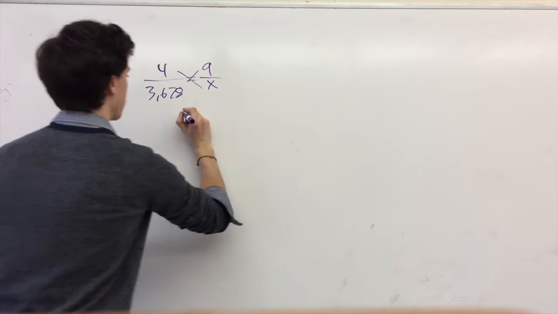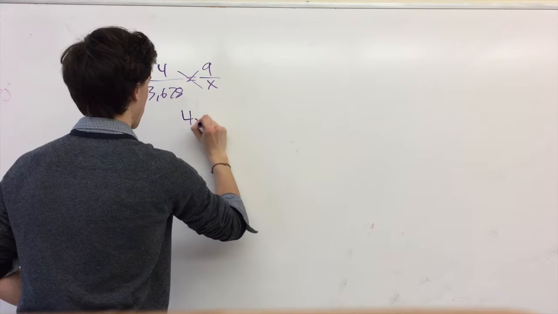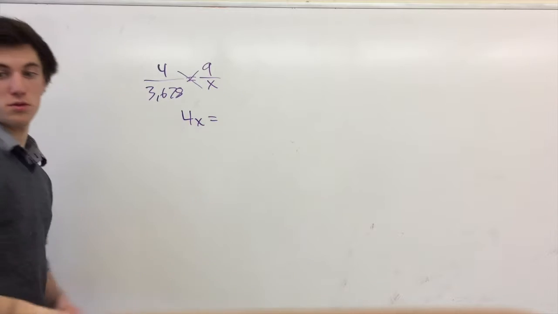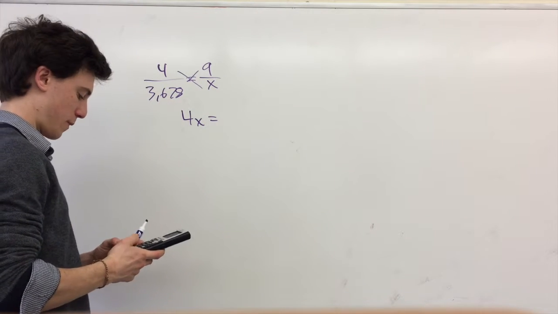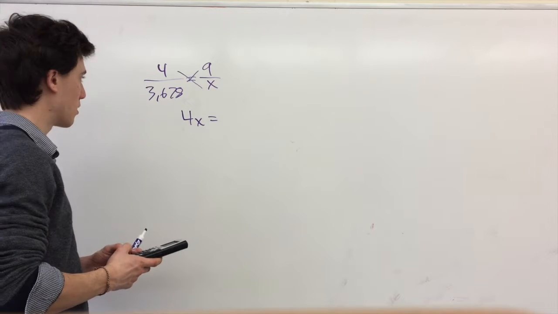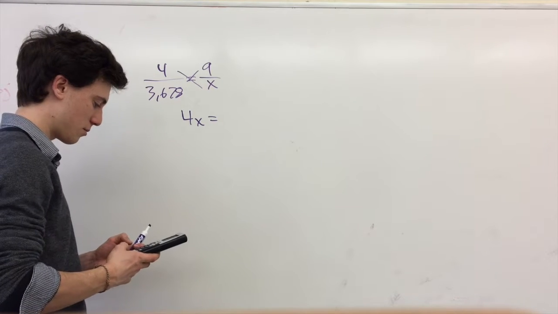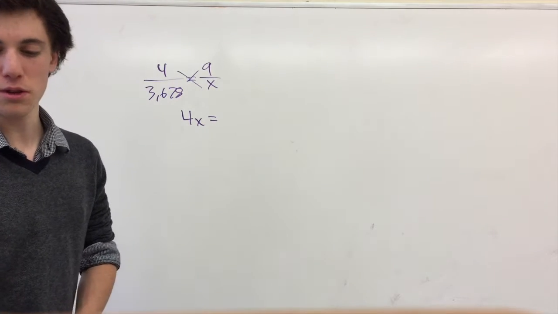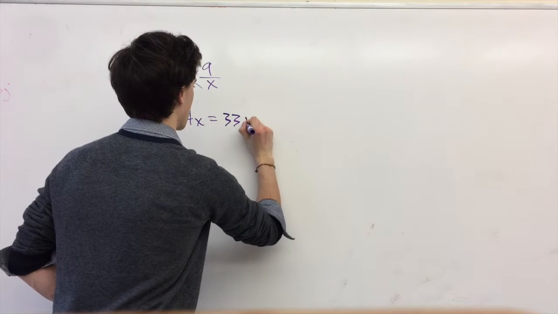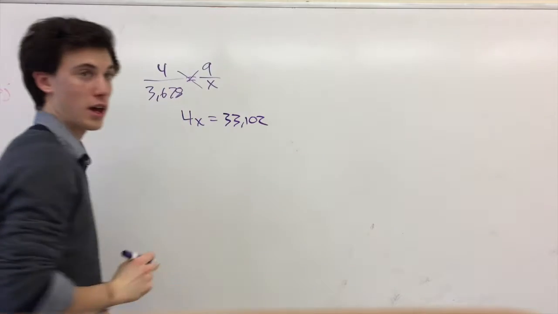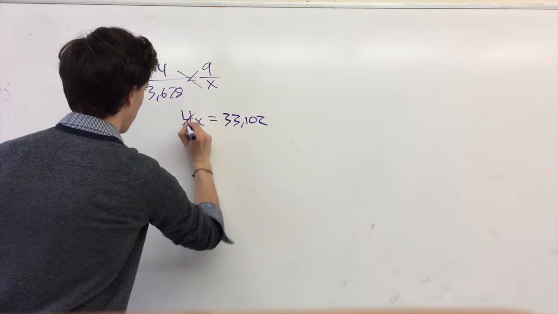So we have 4x equals 3,678 times 9, which is 33,102. And then we simply divide both sides by 4.